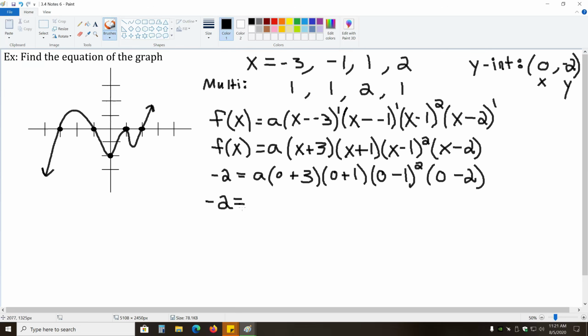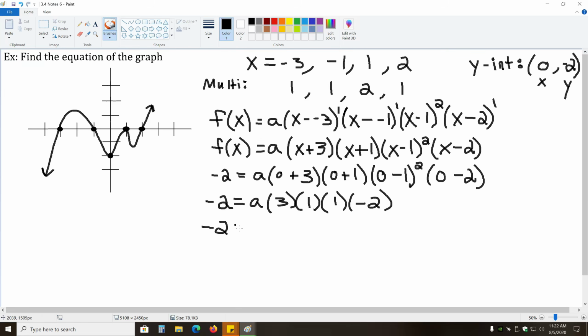And simplifying this, we get -2 equals a times 3 times 1 times (0 minus 1 is -1, squared is +1) times -2.